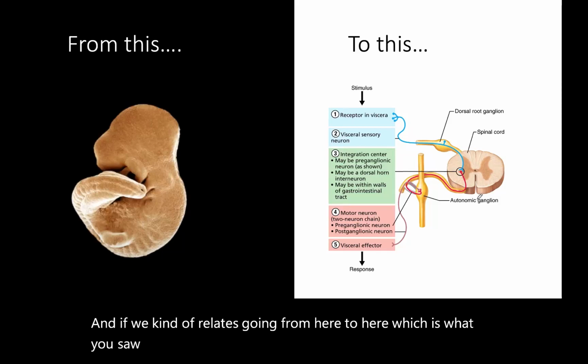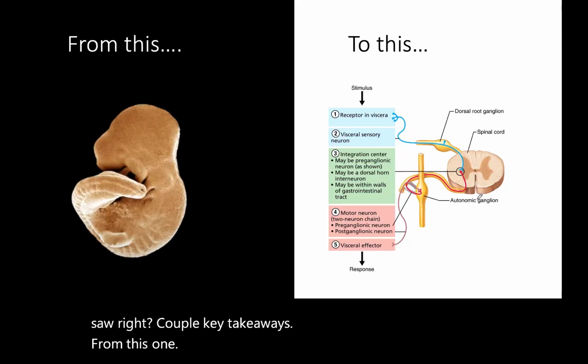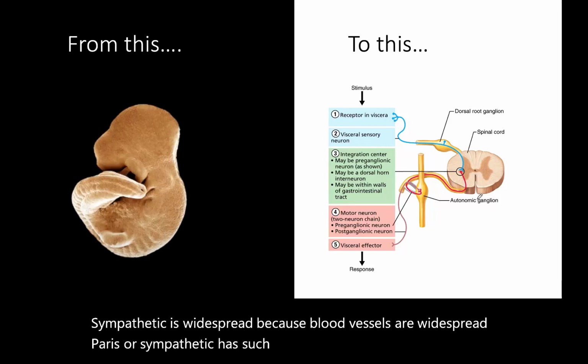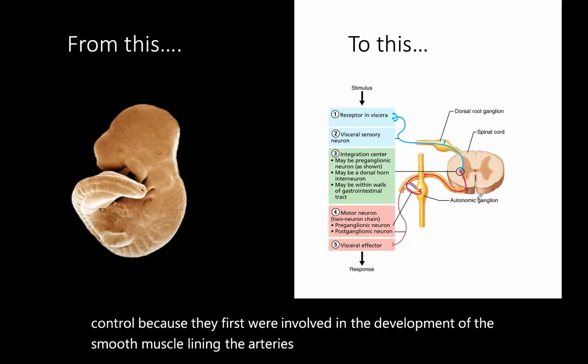A couple key takeaways from this. One, sympathetic is widespread because blood vessels are widespread. Sympathetic has such wide regulatory mechanisms and control because they first were involved in the development of the smooth muscle lining the arteries and the veins.